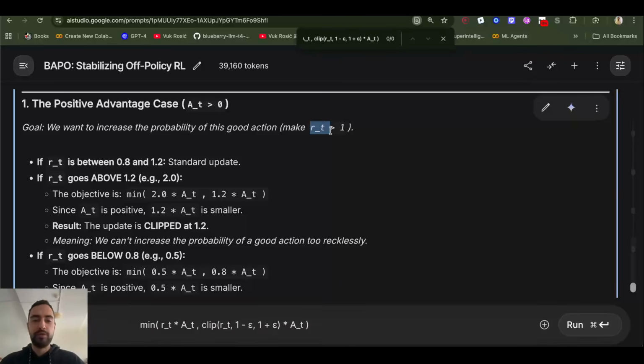So we don't want to increase recklessly because we don't know what's going to happen. It can actually mess up other things. That's what happens in a neural network.